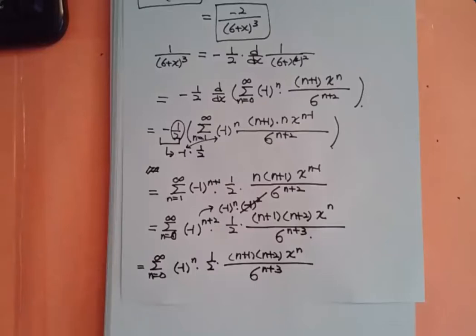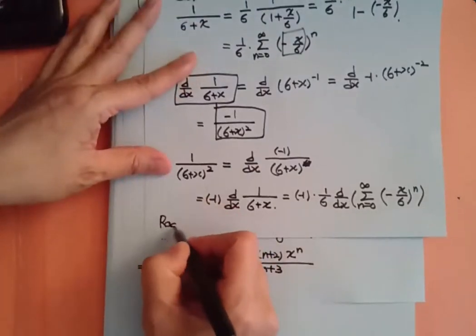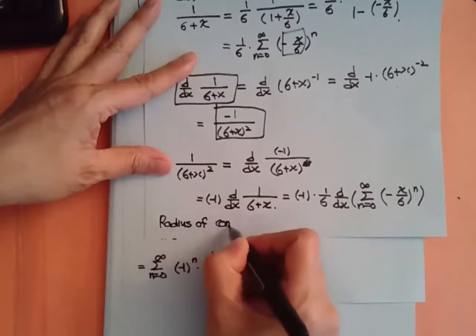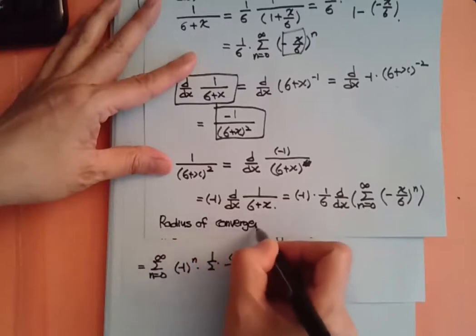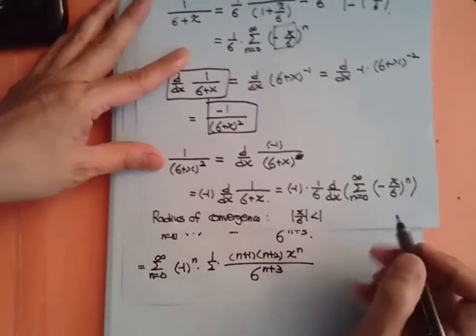In the previous problem, we already know the radius of convergence. In this problem, the radius of convergence comes from the absolute value of x over 6 is less than 1.